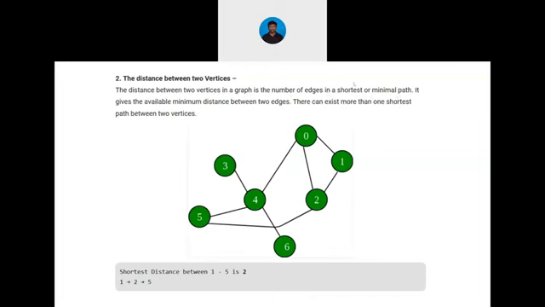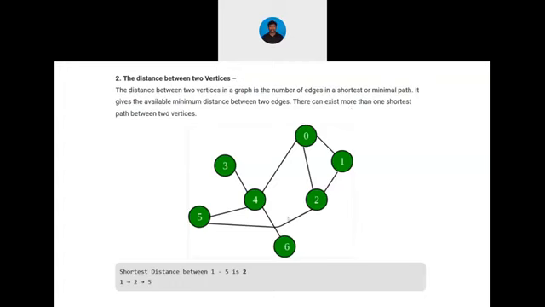We count the number of edges in the shortest path, which gives the minimum distance between the two vertices in the graph. There can exist more than one shortest path between two vertices.